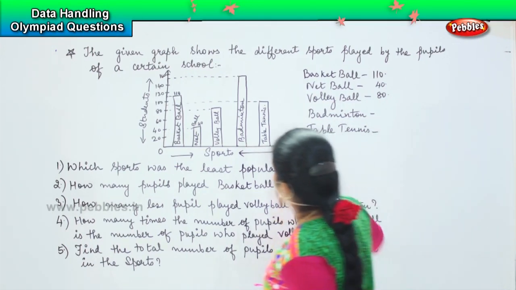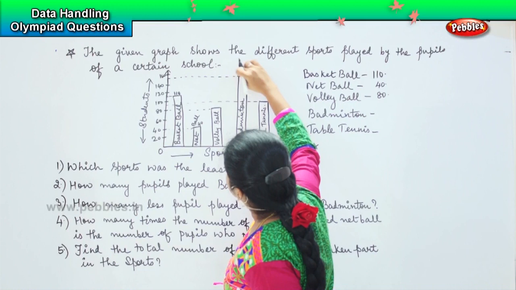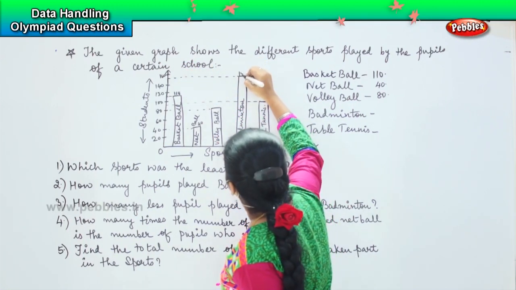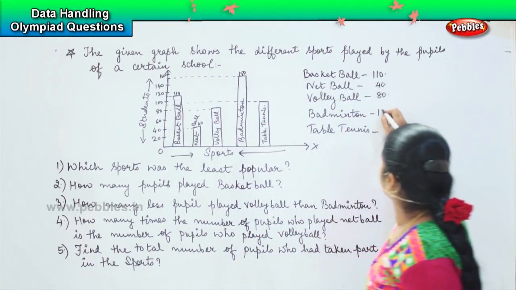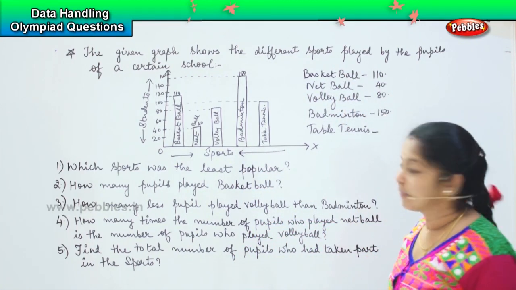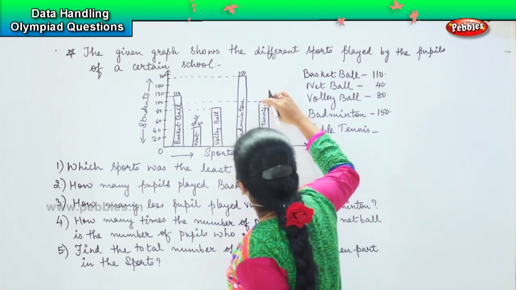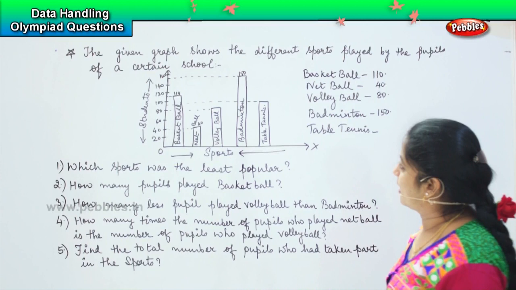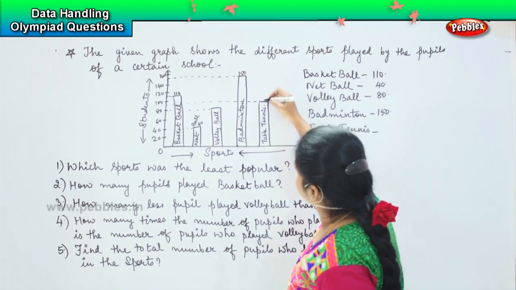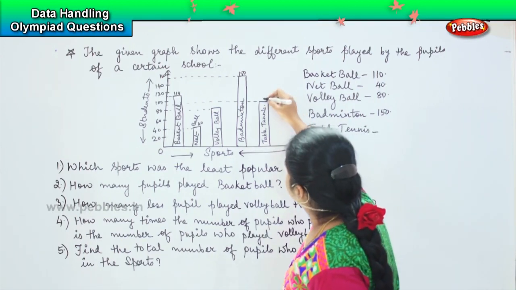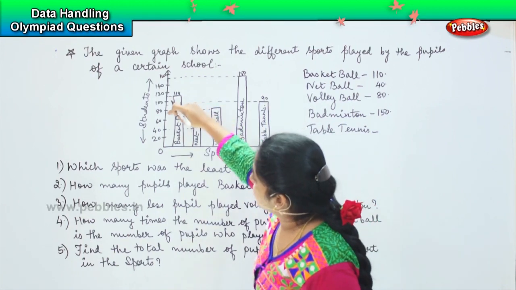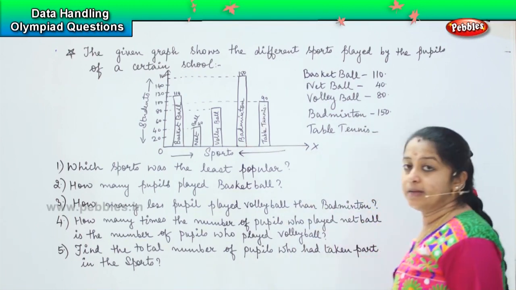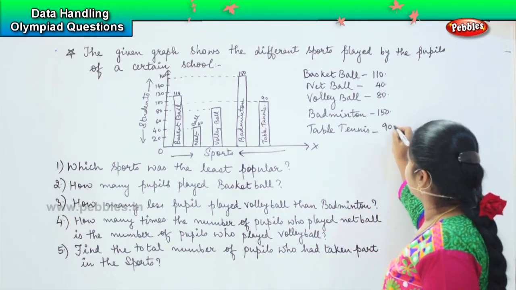Next is badminton. Badminton ranges between 160 and 140. So let us assume this to be 150. Okay. And the last one is table tennis. Table tennis strikes at 110 again. I'm sorry, it strikes at 90 because it falls between 80 and 100, right? So table tennis strikes at 90. Okay.